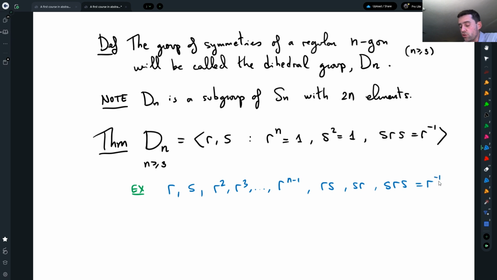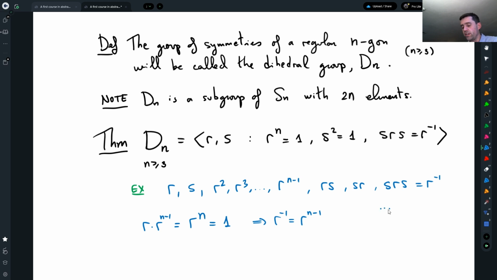Notice that because R to the n is 1, this is R times R to the n minus 1, and that tells me that actually R inverse is R to the n minus 1. So I already have R inverse in the powers of R. So I don't get something new by doing SRS, and so on.